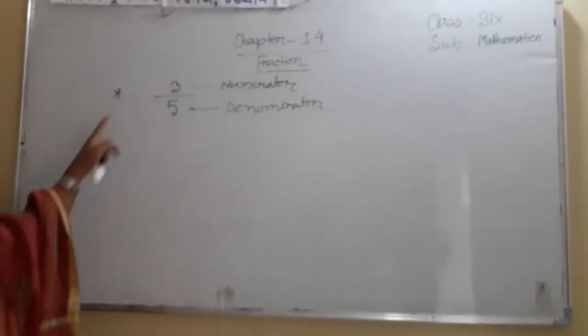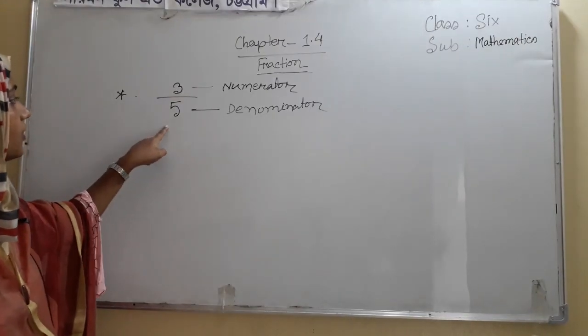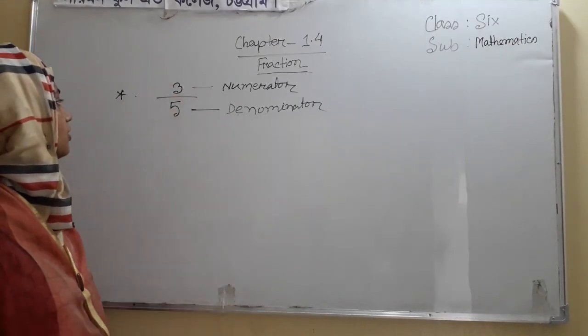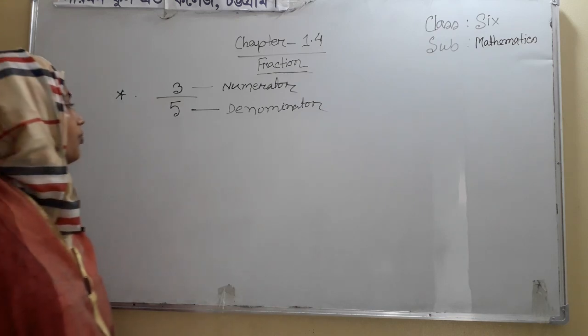That means this is a common fraction, 3/5. Upper number is called numerator and lower number is called denominator.